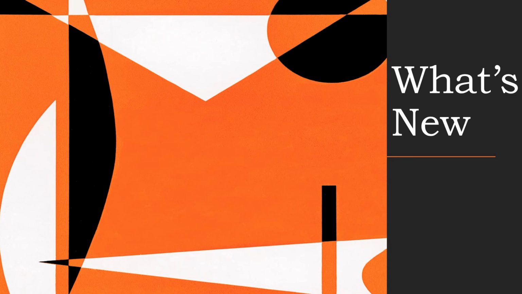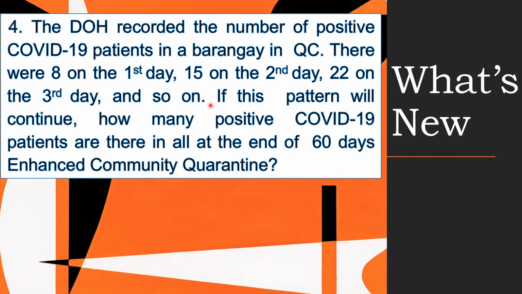Let's have our fourth example. The DOH recorded the number of positive COVID-19 patients in a barangay in QC. There were 8 on the first day, 15 on the second day, 22 on the third day, and so on.